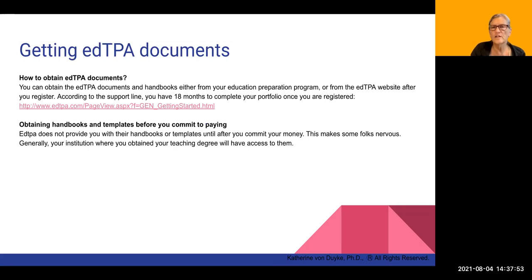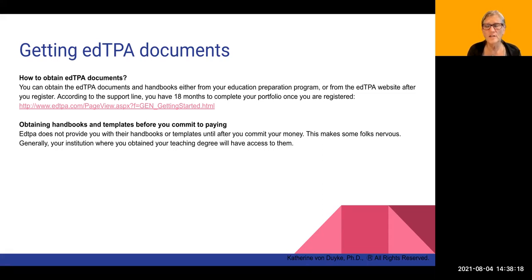All right, as always, the EdTPA information can be found on their website. You can get EdTPA documents by signing up. You have 18 months to complete the document or get your refund. If you're concerned that you might not get it done in that period, you can go to your educator preparation program, maybe your master's program or your undergraduate program. They often have EdTPA resources there.